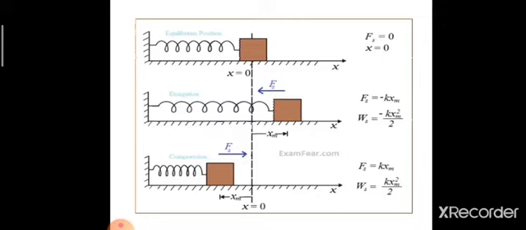In the equilibrium position, the force and displacement are 0. When it is elongated, the force is -k xm and work done is -k xm squared by 2. When it is compressed, then F_s is k xm and work done is k xm squared by 2.